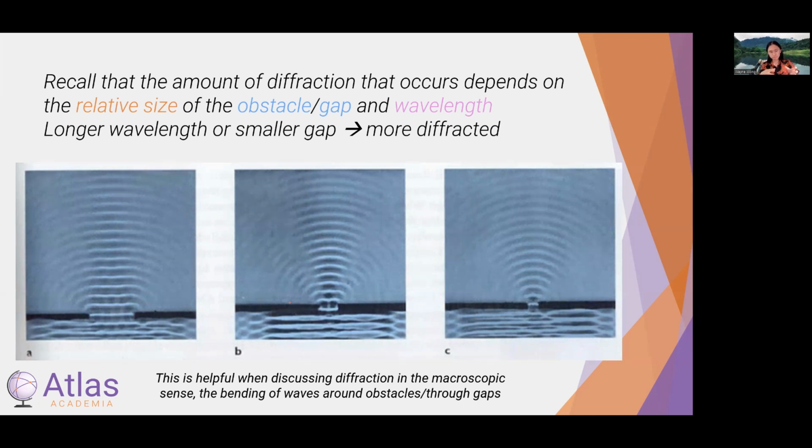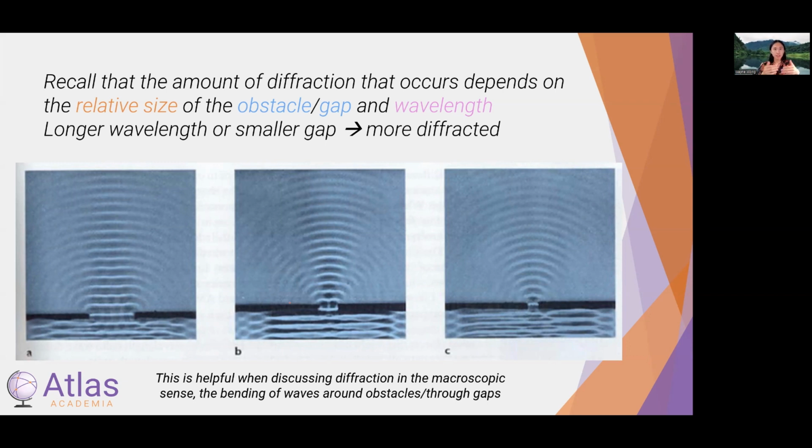So for example, if you're in a room, and there's a doorway to the room, and then your friend's standing outside, maybe like 5 meters out. There's no direct line of sight between you and your friend. If your friend says something out loud, you're still going to be able to hear them, even though there's no direct path for that sound to follow to reach you. And that's because the sound is actually bending around the obstacles and bending as it leaves the doorway into your room.